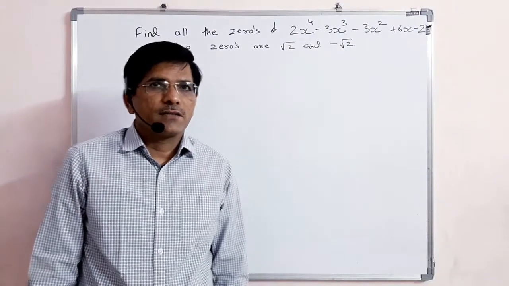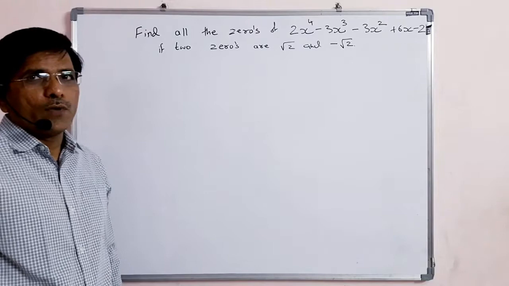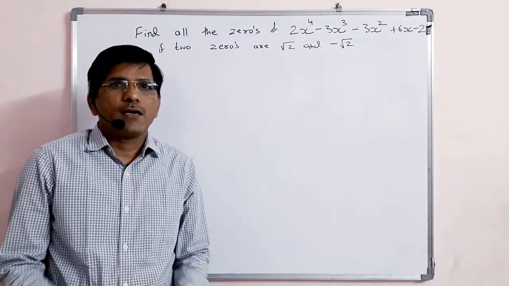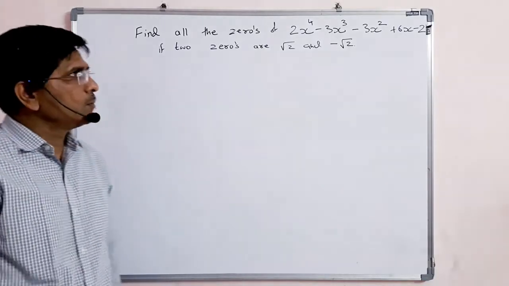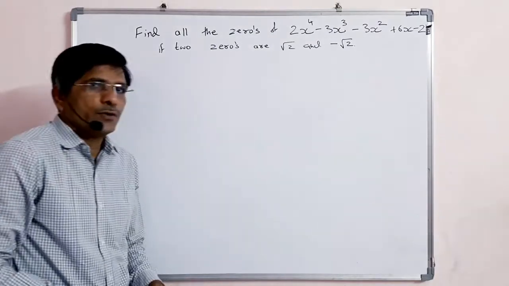To discuss next, find all zeros of a given polynomial. If two zeros are given, here the two zeros are root 2 and minus root 2.